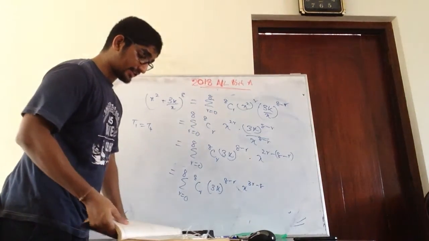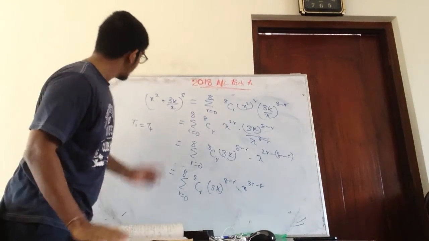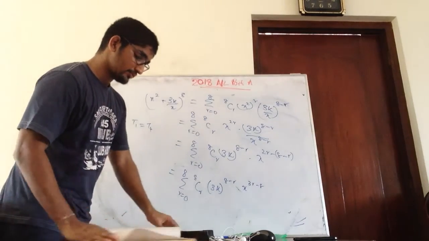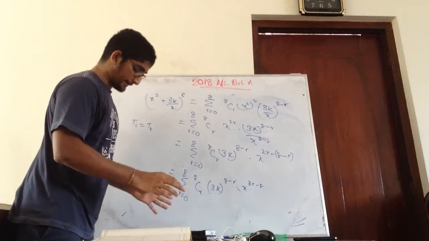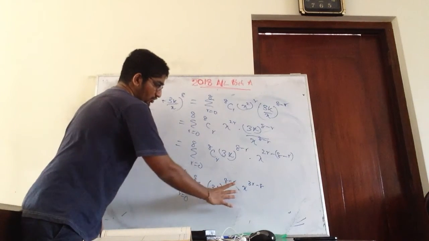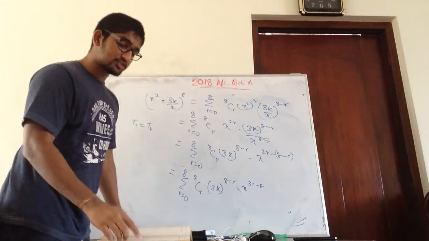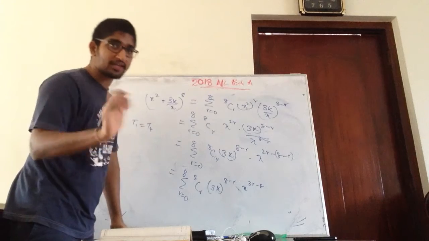So what are they saying next? So they are saying next is that term 1 and term 4 are equal. Right. So that means they are saying the coefficients of x and x to the power 4 are equal.